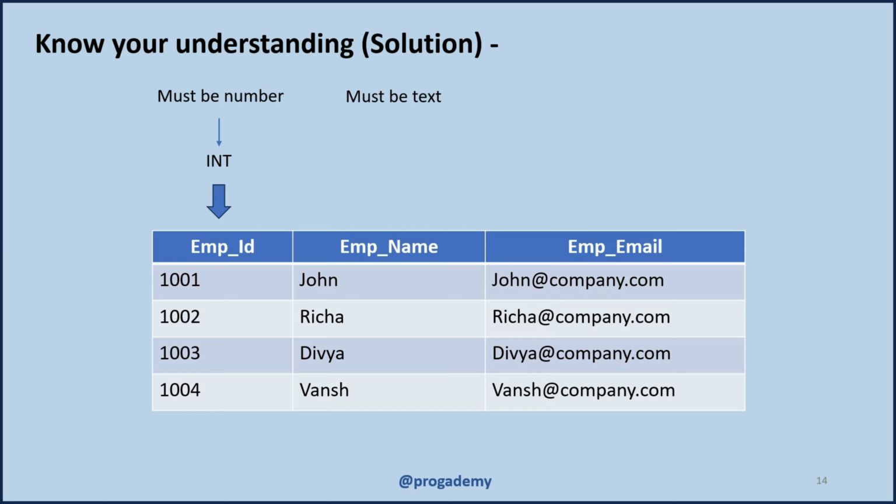Employee name will be text, as you can see here, so it will be varchar 80, as I told you it should have a maximum character length of 80. Employee email, as you see, including the special characters, is all characters, so it will be text only. So it will be varchar, variable character, and the maximum characters included is 100. So this is the solution.